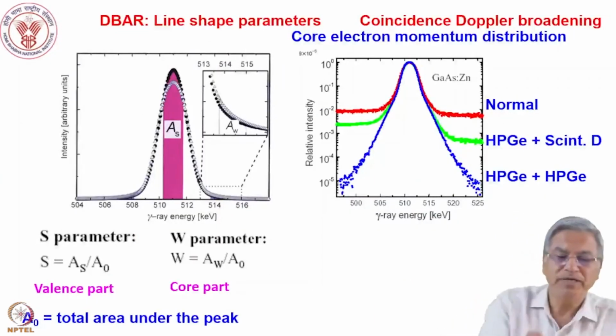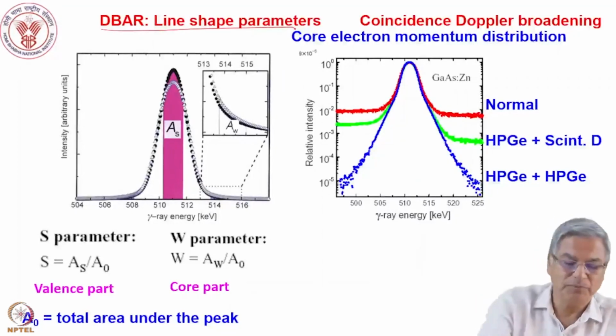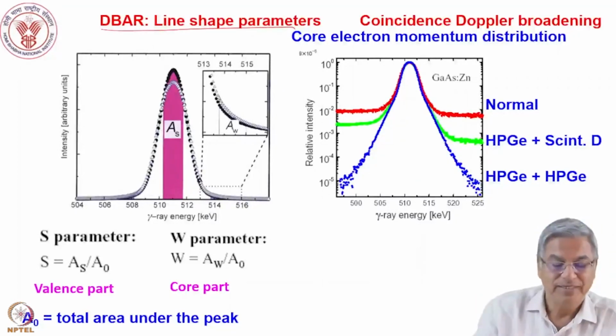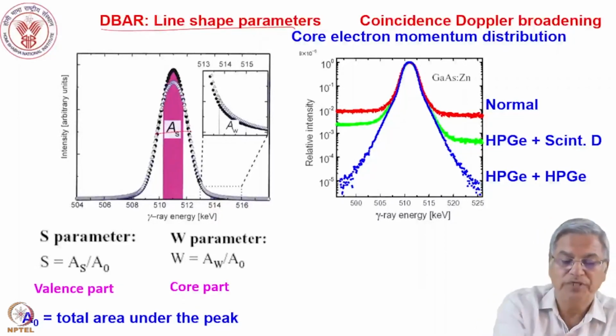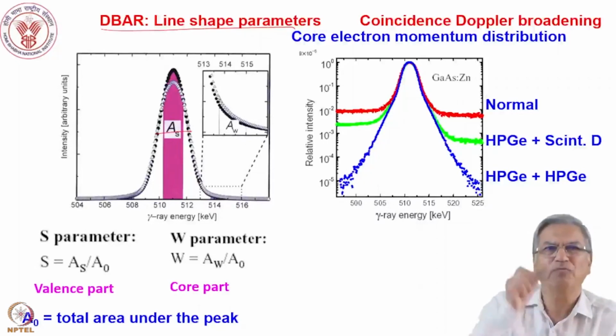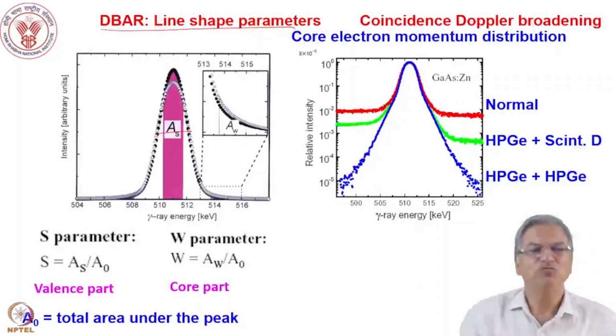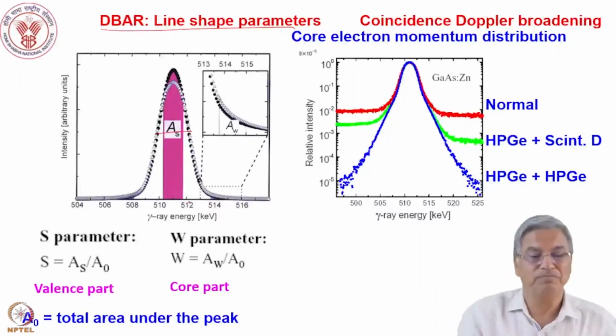So in Doppler broadening, what is important is the line shape parameter. This is a typical 511 keV gamma ray, and you can see the FWHM will be here. So if the FWHM of a normal gamma ray is 1 keV, you will see it at 2 keV or so. You can see from 510 to 512.